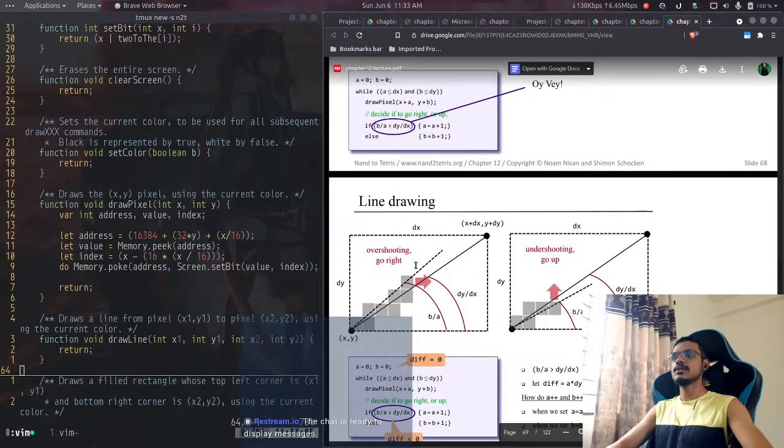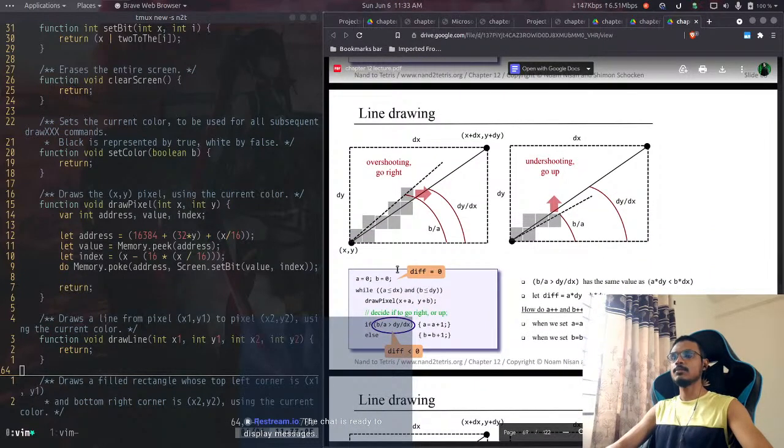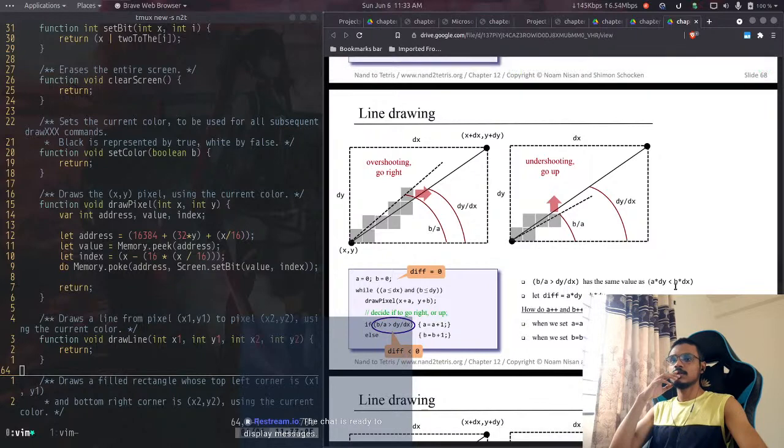So that is a time consuming operation. So it has the same value as this. Yeah, of course, a into dy, b into dx. So let difference be equal to a into dy minus b into dx.